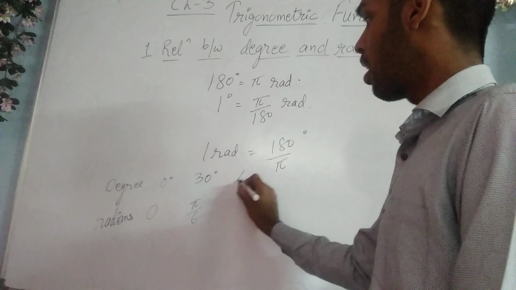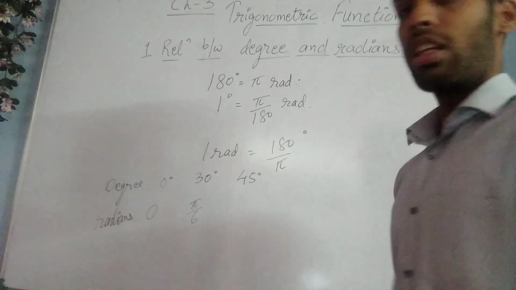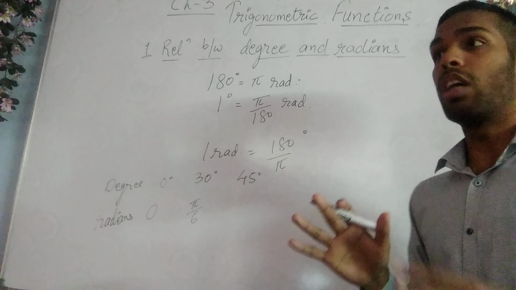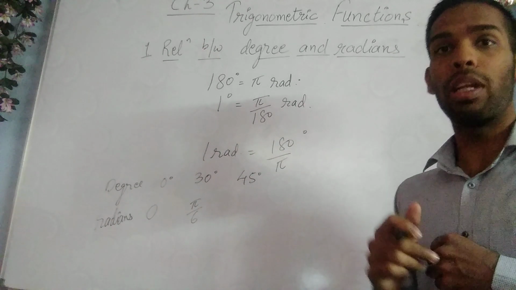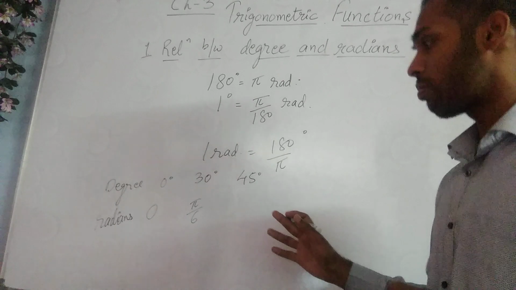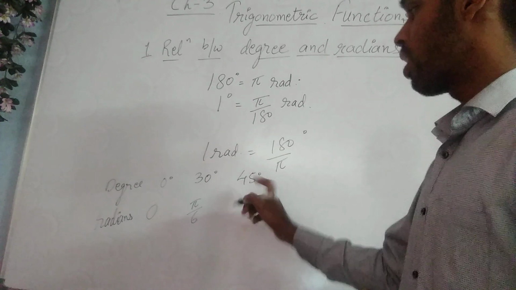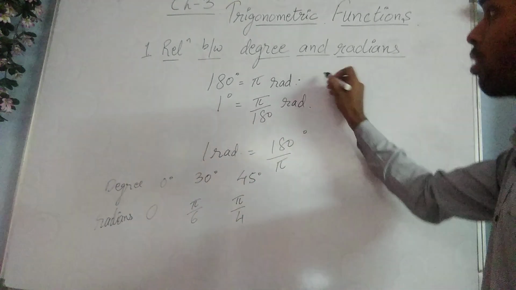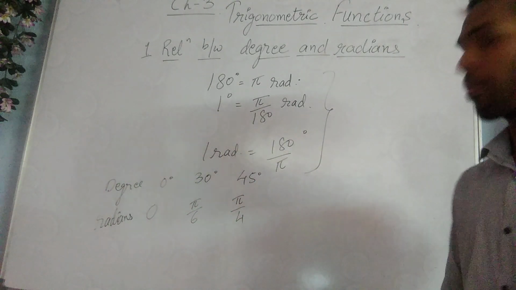Thirdly, 45 degree. Since these are all degree measures whose values we have in our trigonometric table, that's why I'm writing them down here for your benefit. 45 degrees equals pi by 4. These all measures you can find out by using these three relations.